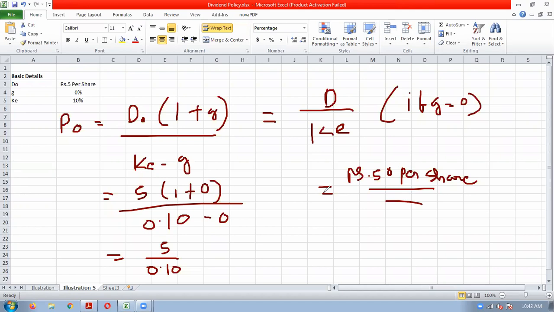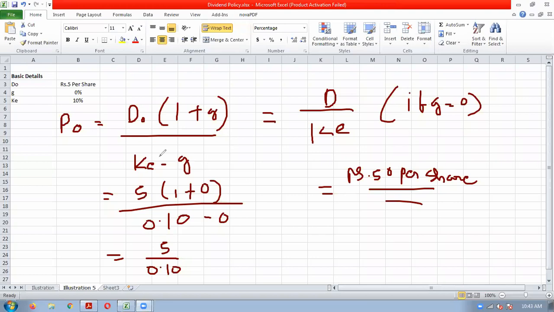Everybody can note this illustration. Any confusion? Clear?